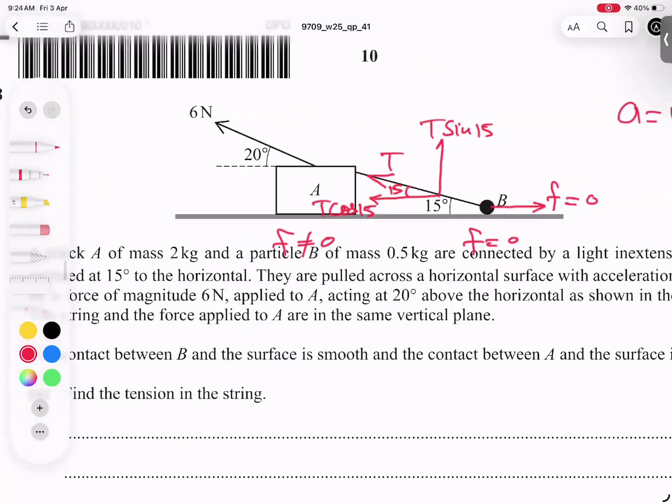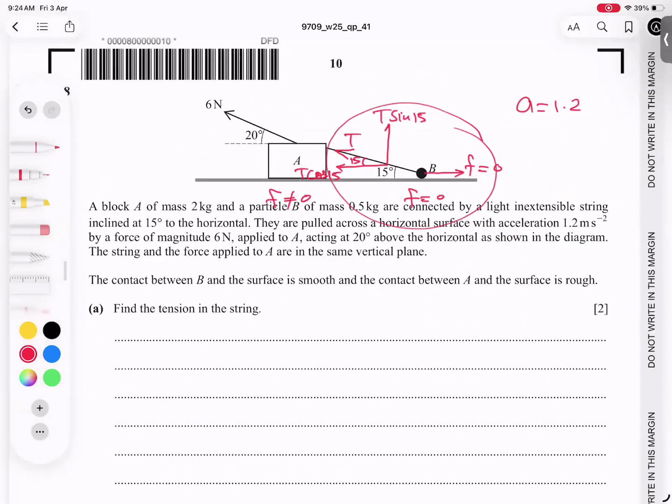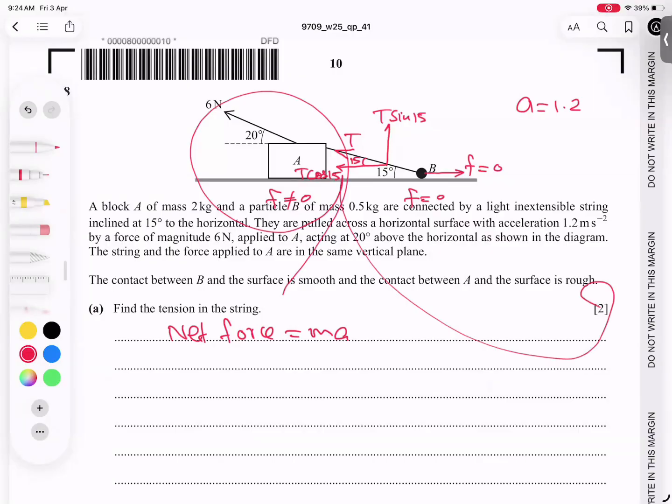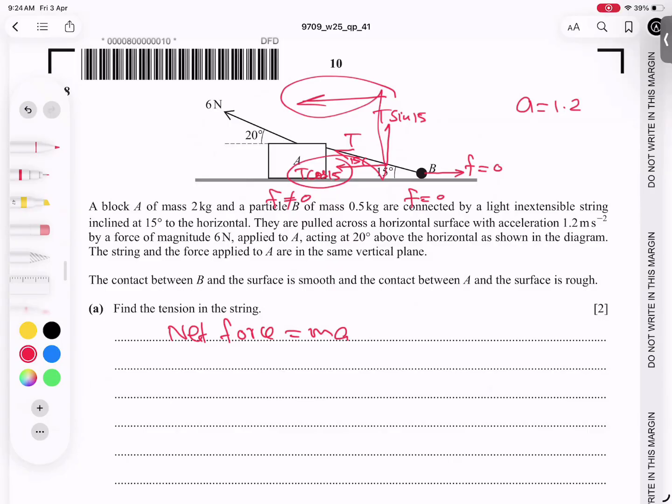So I'm going to apply the net force rule: net force is equal to MA. I can work on this one as well, but for 2 marks only it will take a lot of time due to friction not being zero. So I have to work with this. Because the system is going left, the motion is to the left, so this component is bigger.